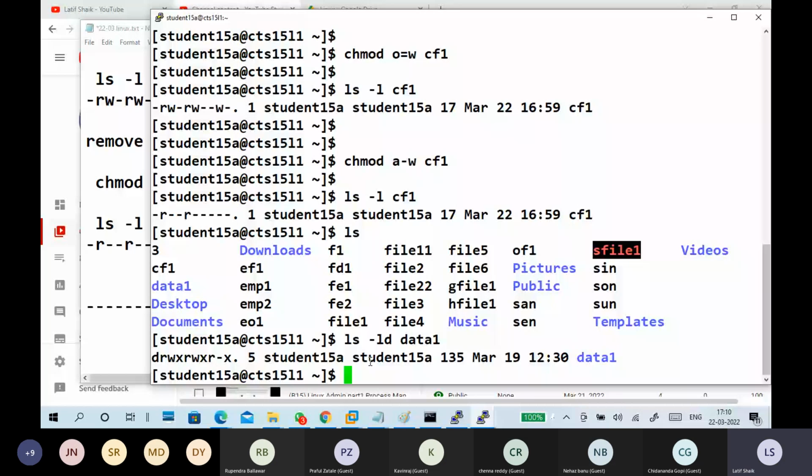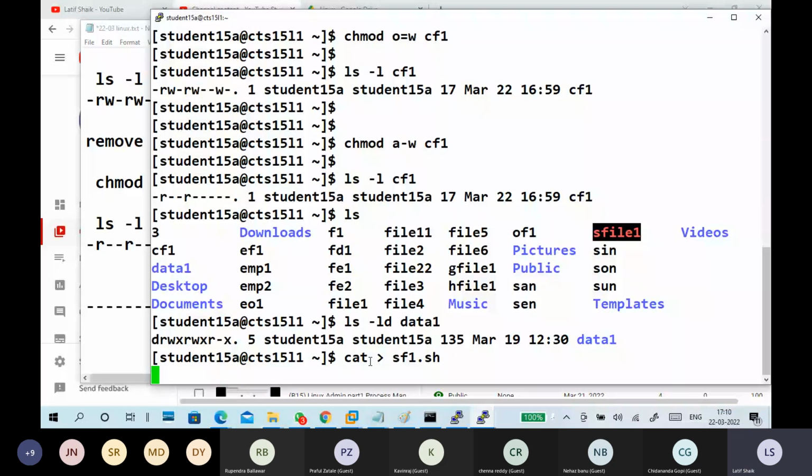I'm creating a file. So cat > sf1.sh file. In this one, I'm putting some commands. Look here: ping -c1 190.168.0.1.